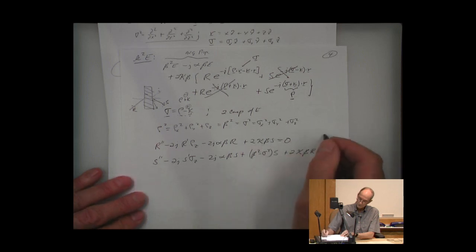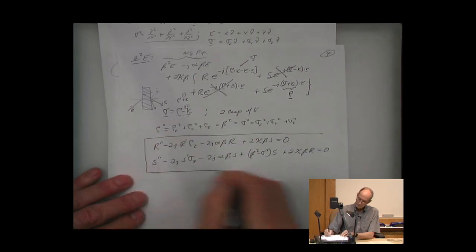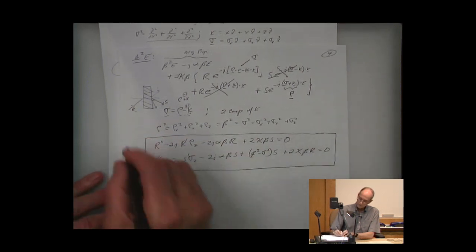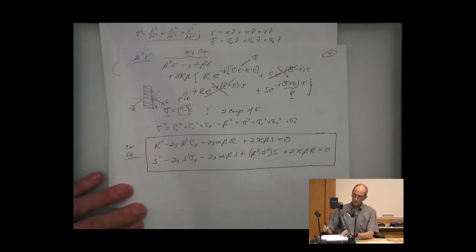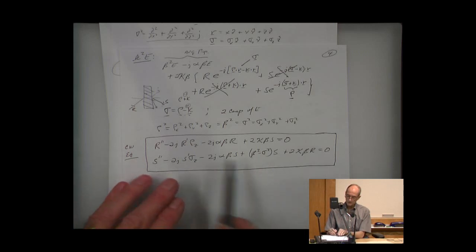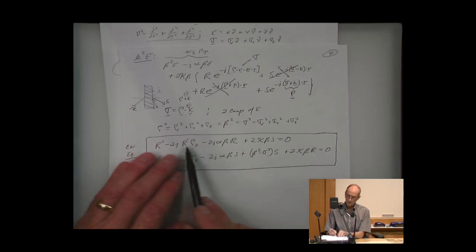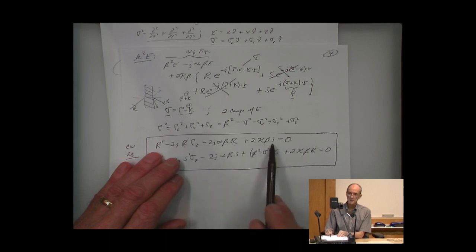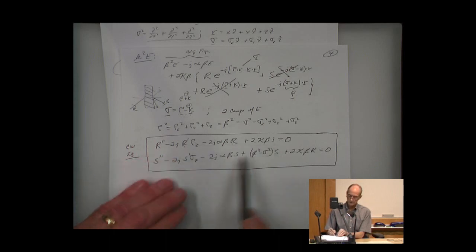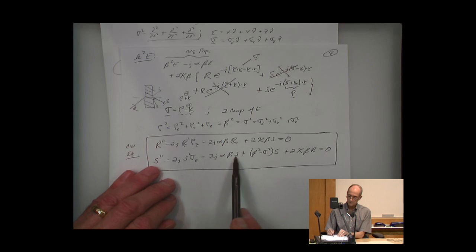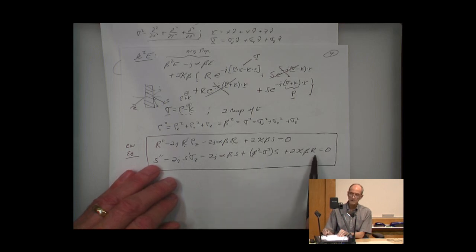All right, these two equations are the coupled wave equations. Notice they're coupled in the sense that here we have the reconstruction beam R and S in the same differential equation, and similarly here we have S appearing and R in the same equation.